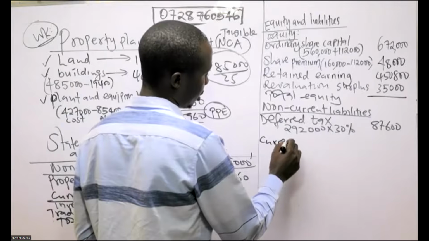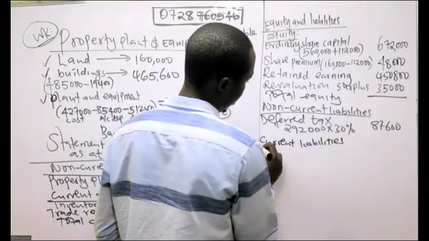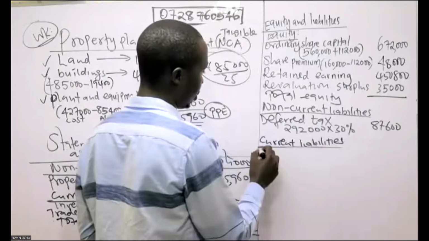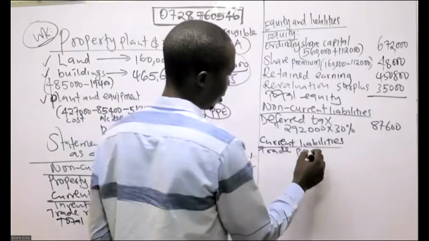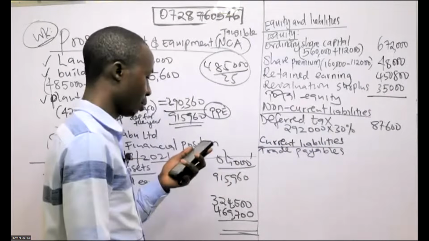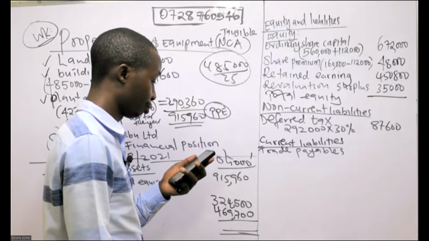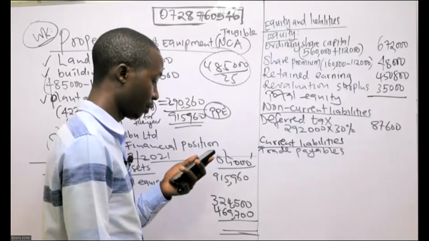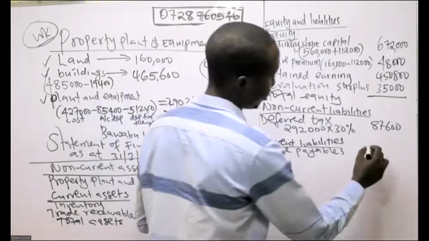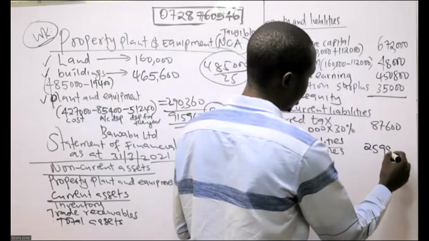Current liabilities. Trade payables. Our trade payables, 259,86.